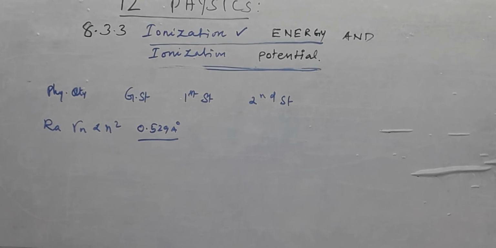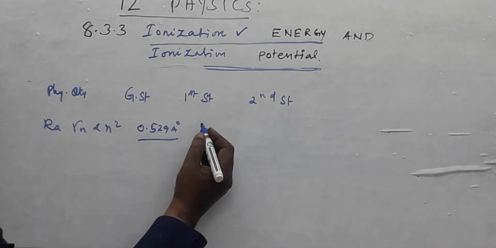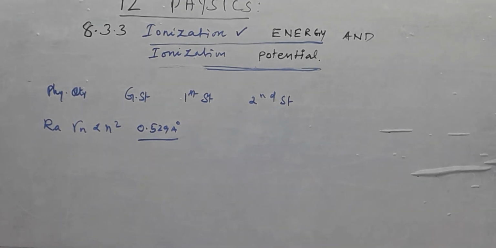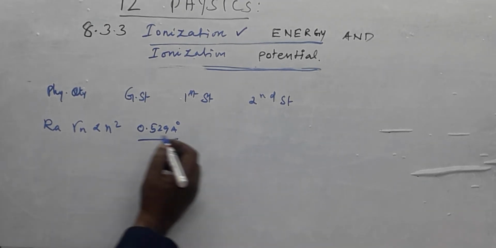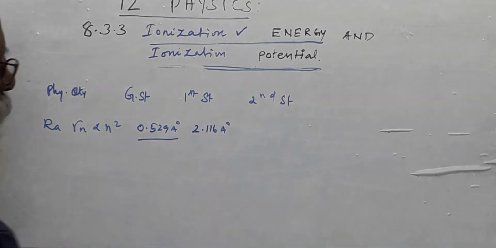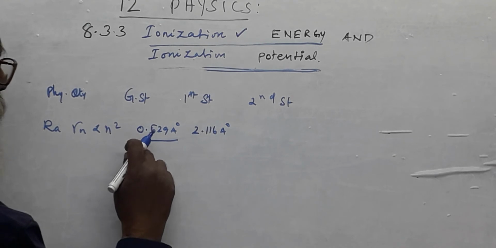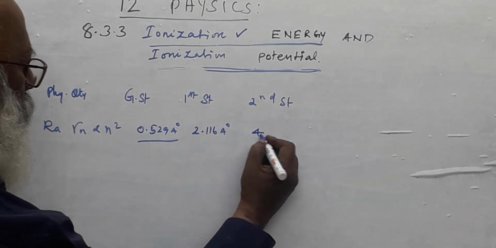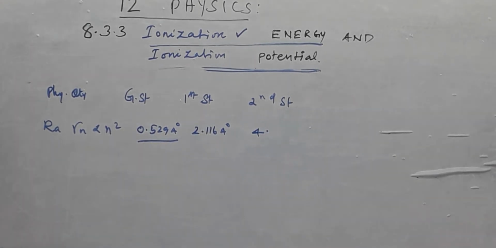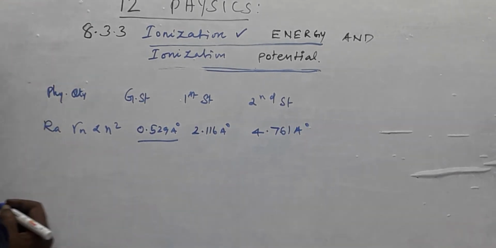In the first excited state, 2 square means 4, so you multiply by 4, which is 2.116 Angstrom. Then 3 square is 9, you multiply by 9, which is 4.761 Angstrom. Likewise, this is called radius.